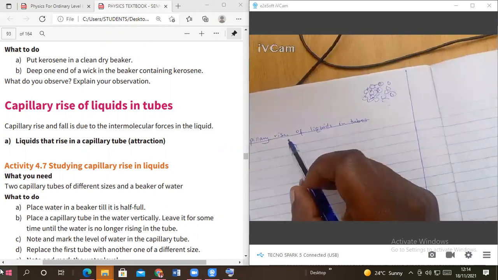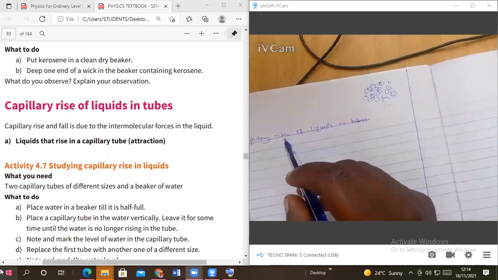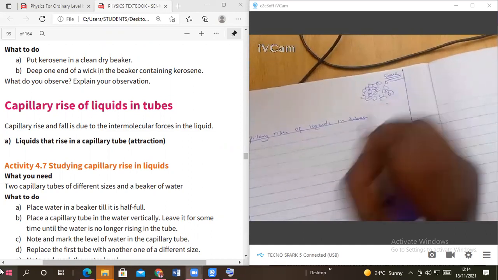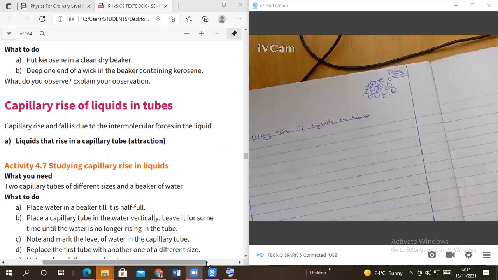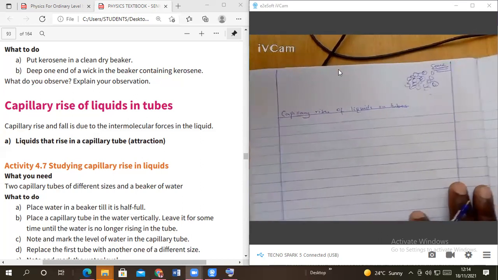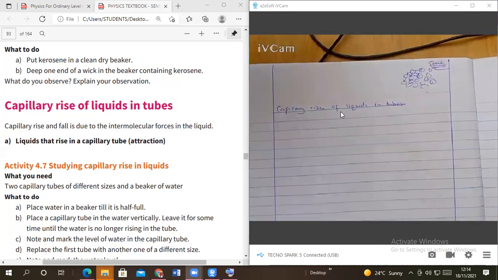Because cohesion is the force of attraction between molecules of the same substance. It is the cohesion force that gives rise to intermolecular forces. Are we together?